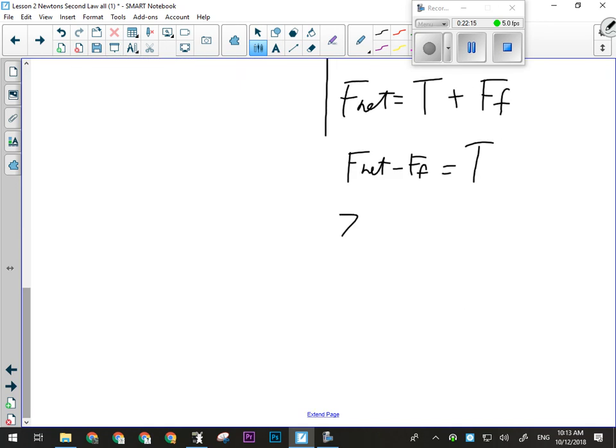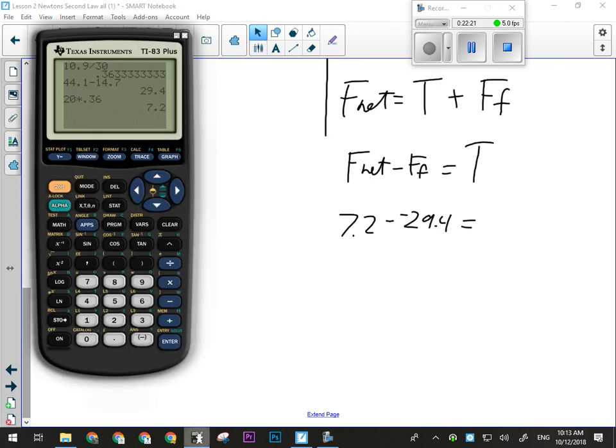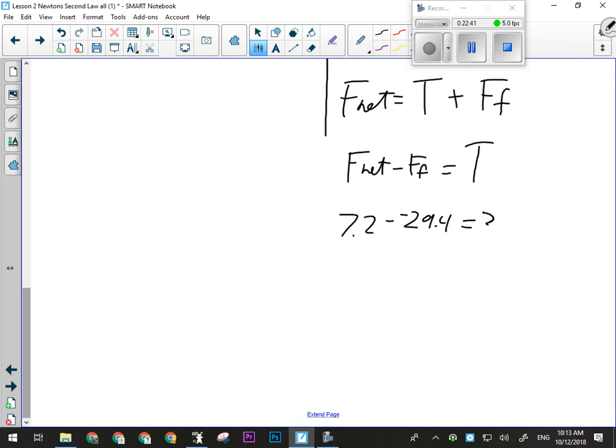So I'm going to have 7.2 newtons minus negative 29.4. Whoop, missed the 9. All right, gives me 37 newtons. Okay, 2 significant figures here. So 37 newtons forward.